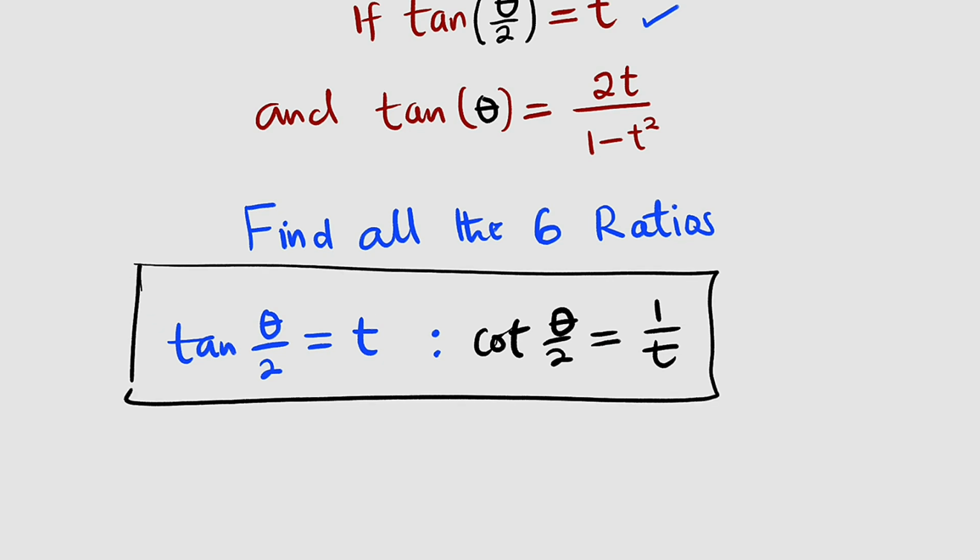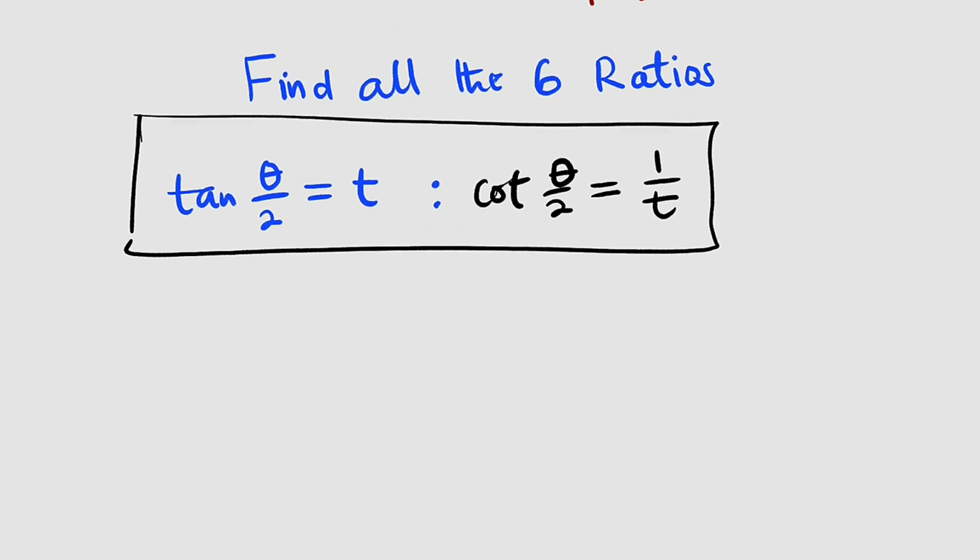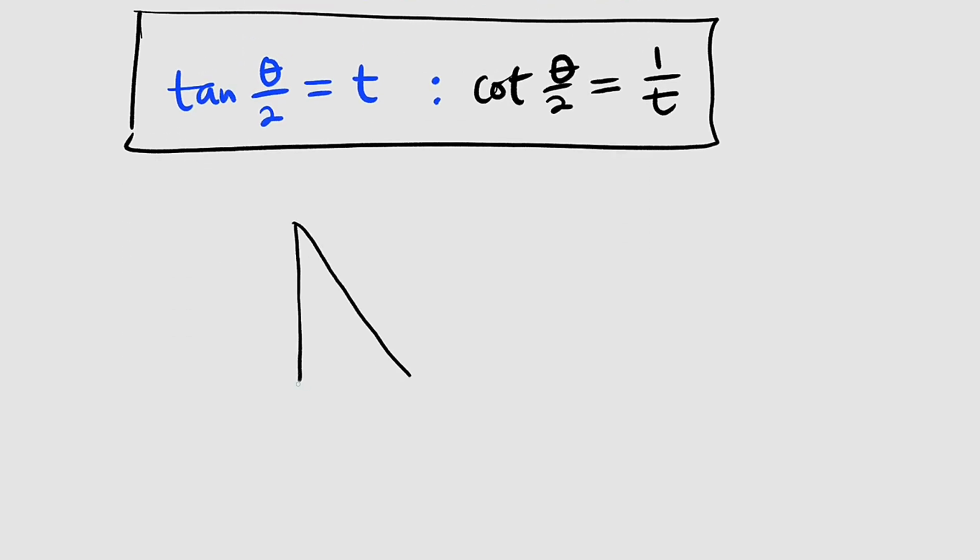Then sine and cosine, we're going to use a right angle triangle. And this angle right here is theta divided by 2. So what is tangent? Tangent is opposite divided by the adjacent. This is the opposite and this is the adjacent sides.